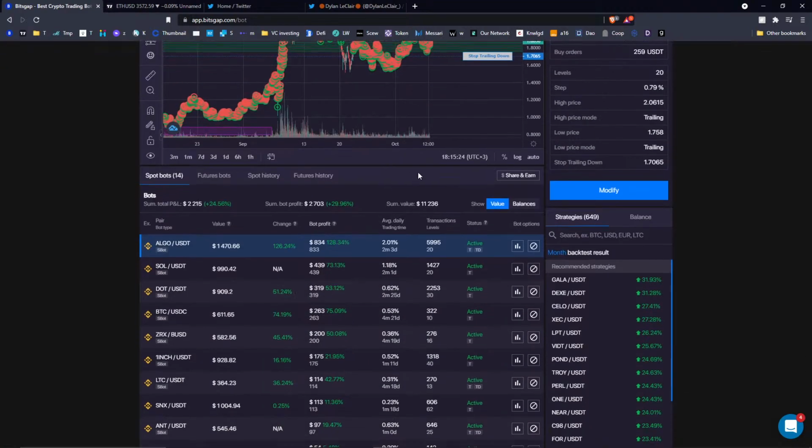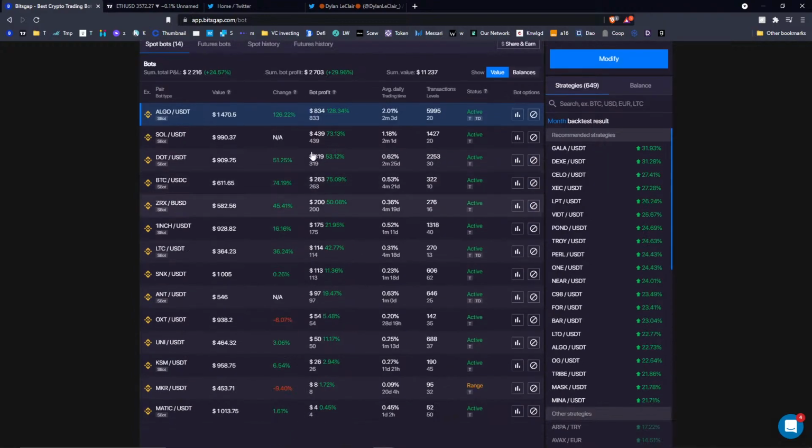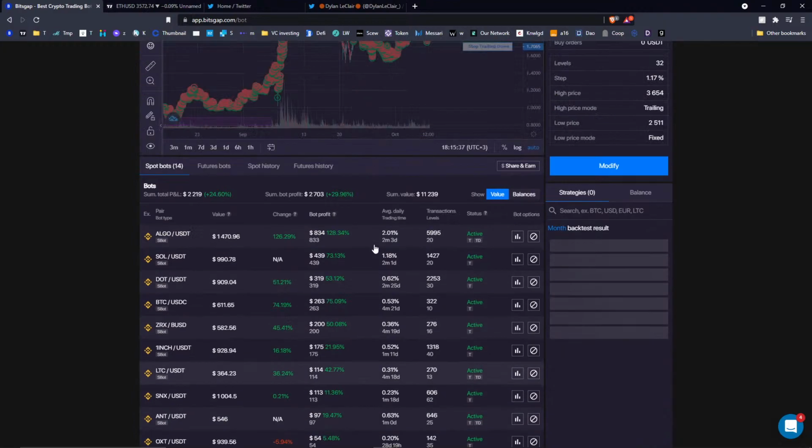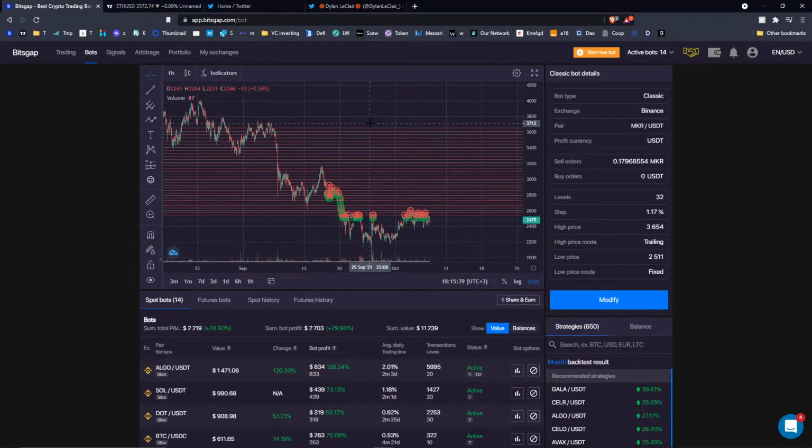So in my case, we're doing just great, except for the OXT and the MKR coin. You see the status for my Maker coin is range, which means that my trading range is out of the price action.